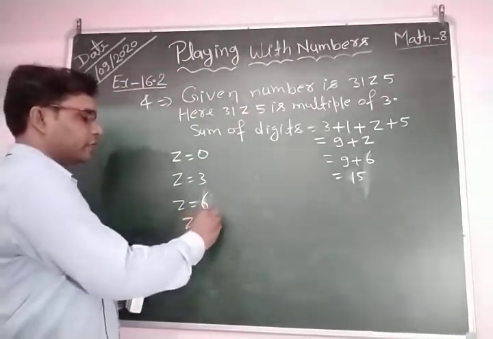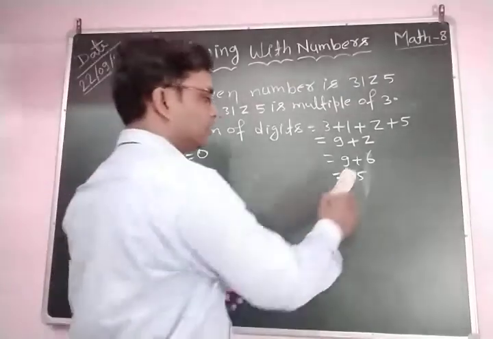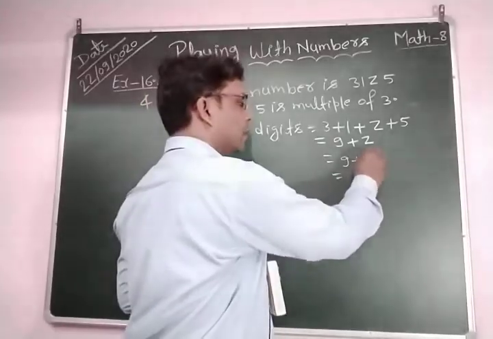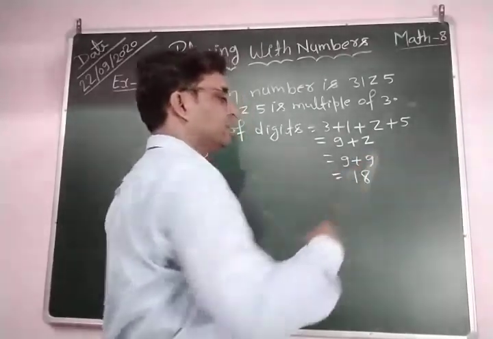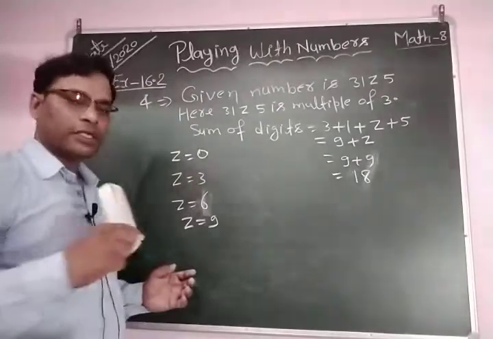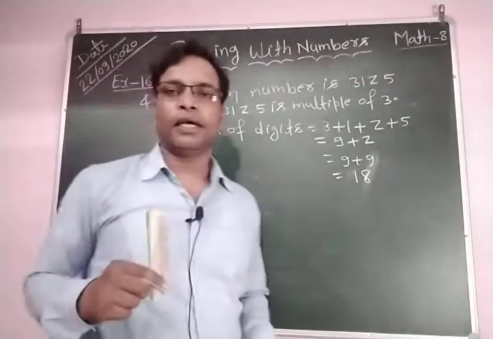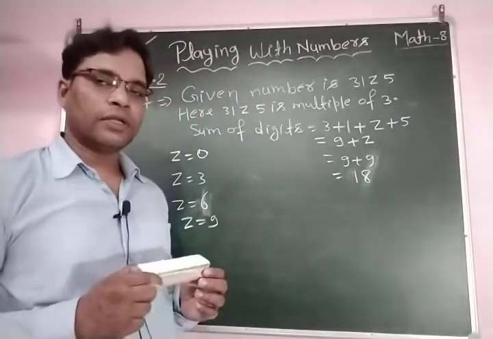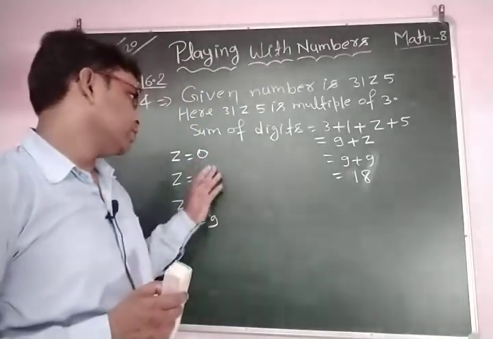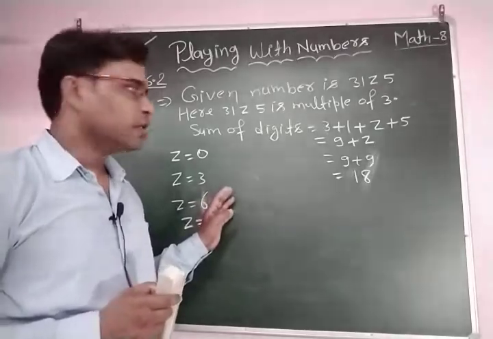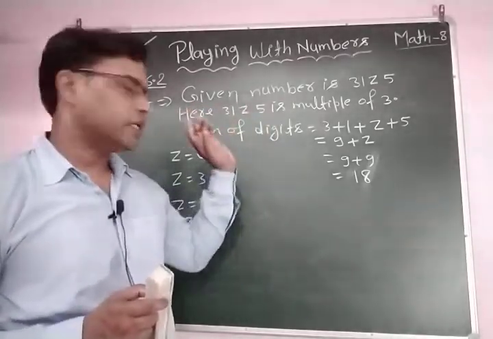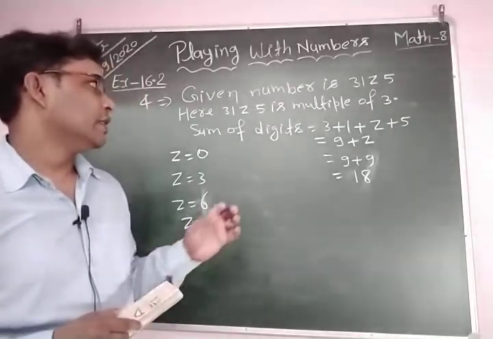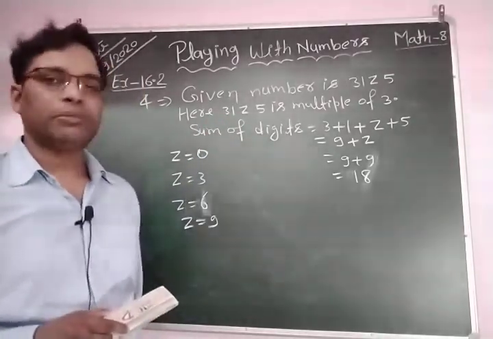Then we take z equal to 9. Here we put 9 plus 9, which is 18. 18 is a multiple of 3, or you can say 3 divides 18. So the right values of z are 0, 3, 6 and 9. For all these values of z, the number is a multiple of 3.